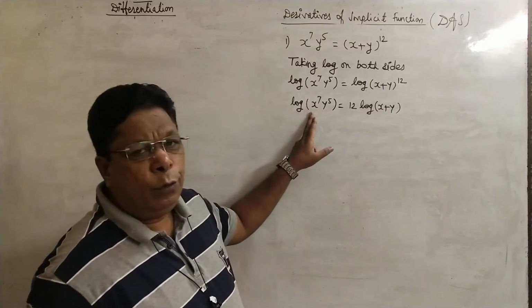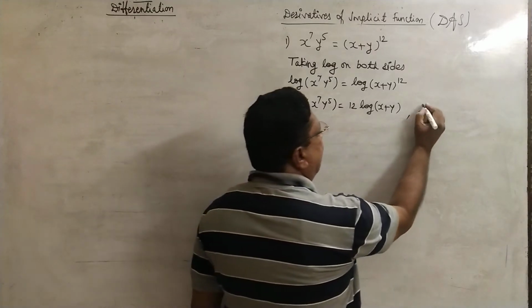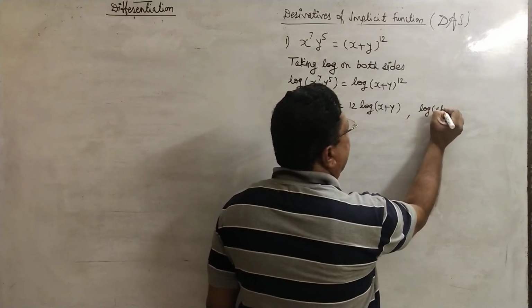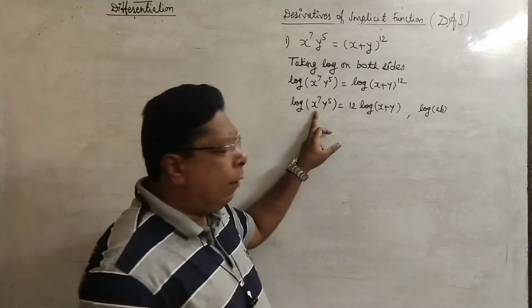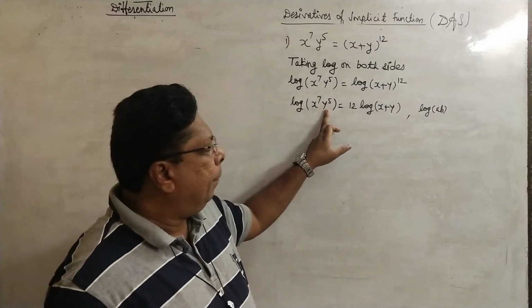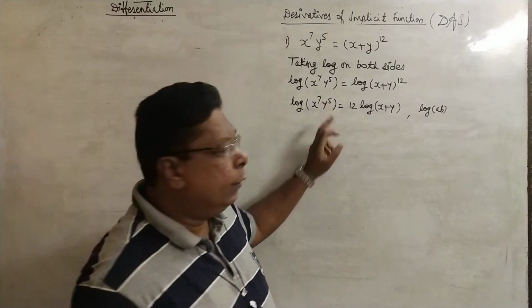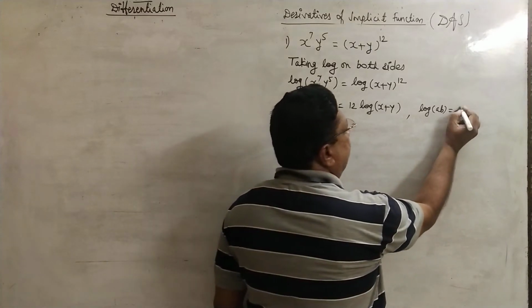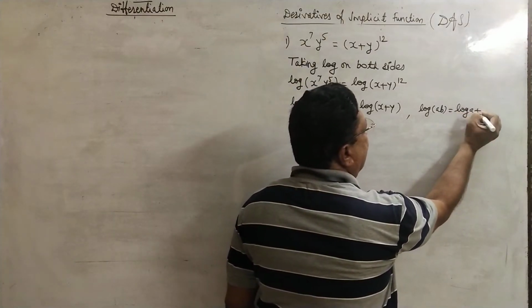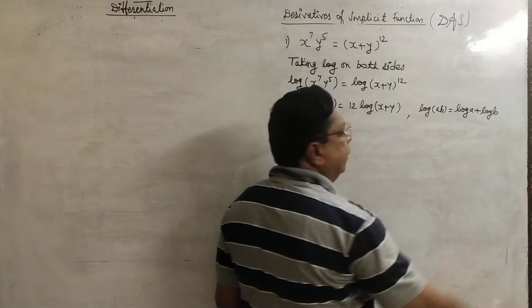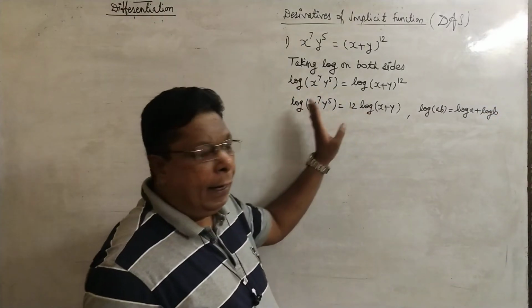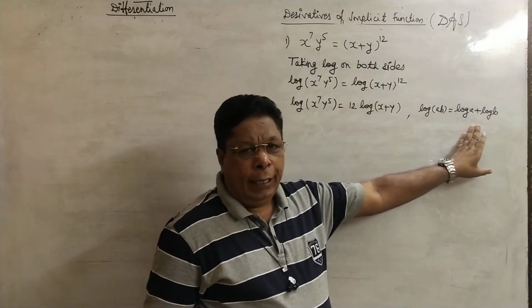Now here use the rule of logarithm. Which rule is applicable? Log AB. Here a equal to x raised to 7, b equal to y raised to 5. So log ab equal to log a plus log b. The terms are in multiplication, so the logs will be added.